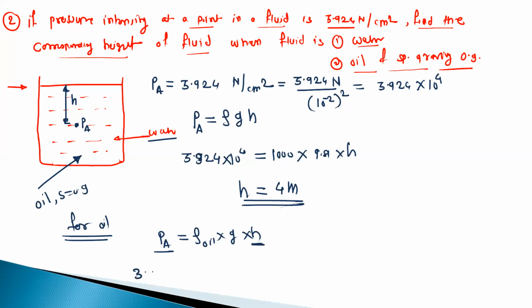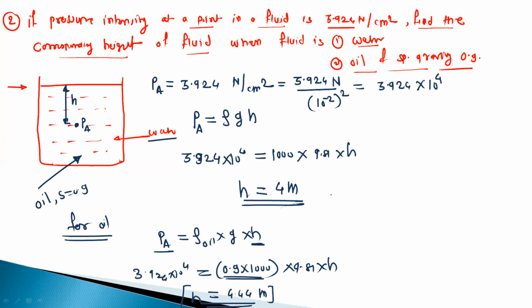So pressure will be 3.924 into 10 to the power 4. Rho oil will be its specific gravity 0.9 into density of water. This is the density of the oil. Into 9.81 into H. So again calculate the H value. So H is equal to 4.44 meter.